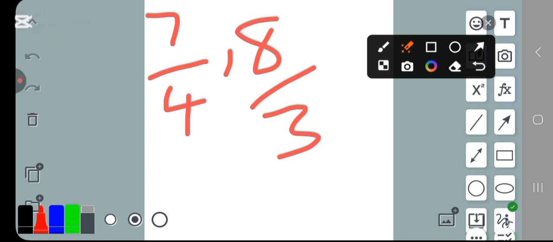Another example, we have 5 over 2. You can see that this numerator 5 is greater than the denominator 2. So when you see all these, you know that they are improper fractions.